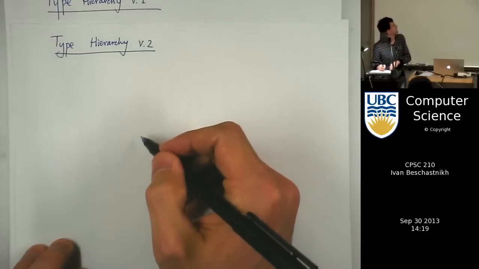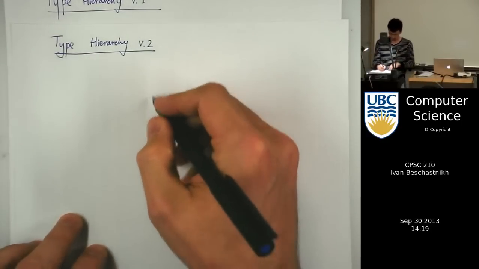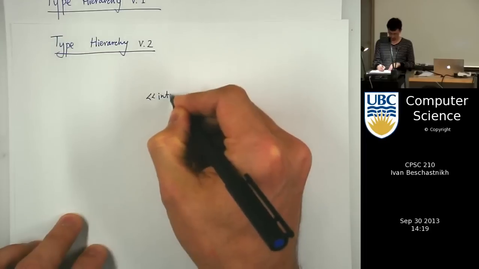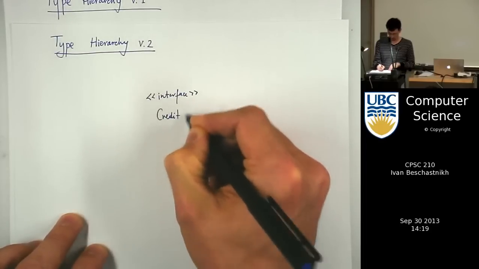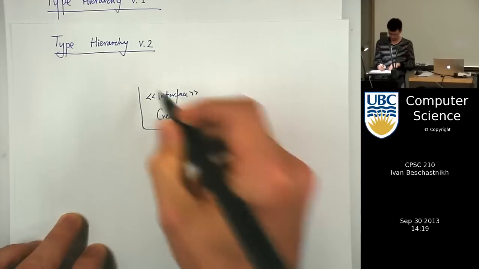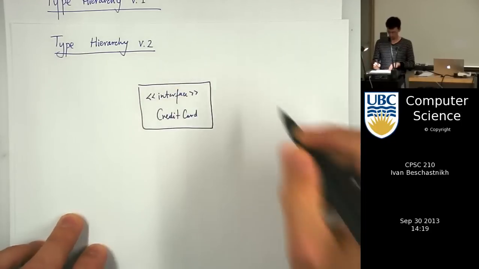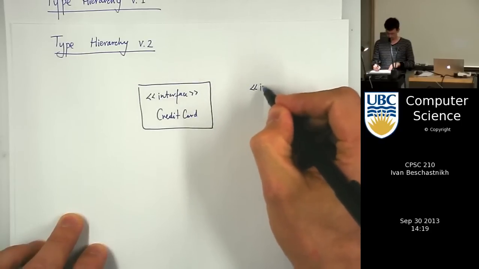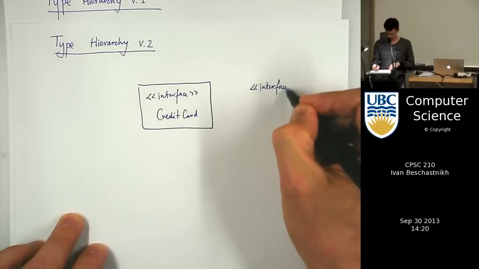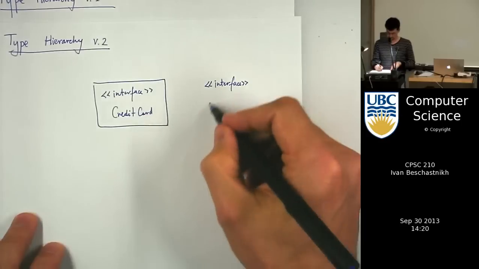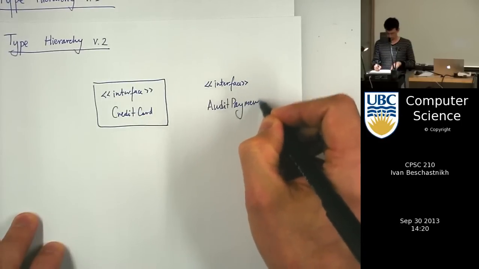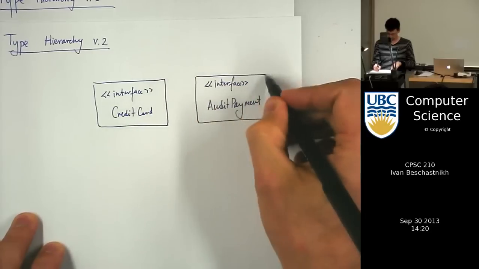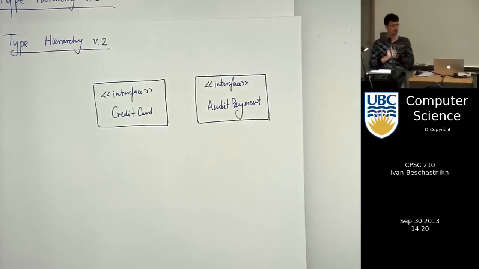My version 2 of the hierarchy is going to be my interface credit card, and then also my interface audit payment. I have these two interfaces. They're really abstract. They have no relationship to each other.